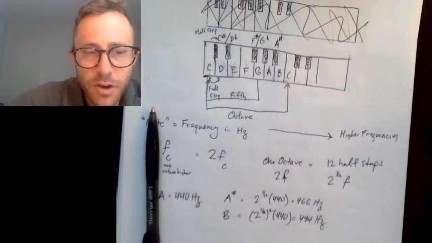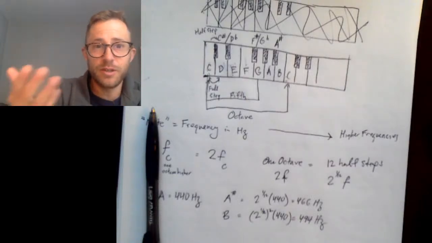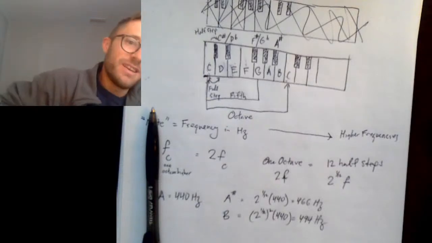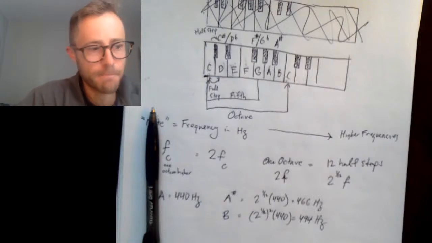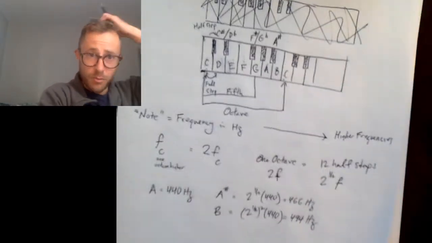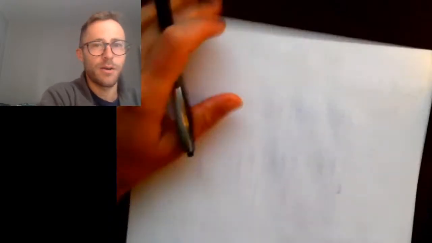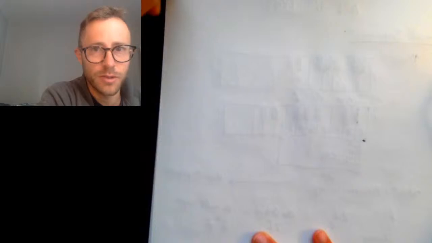So pianos are actually percussion instruments, because it is a mallet that hits the string and causes it to vibrate. Today we are going to be talking about stringed instruments.